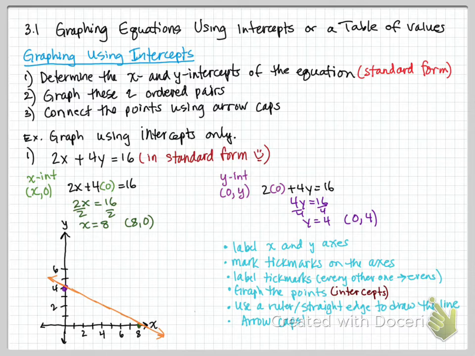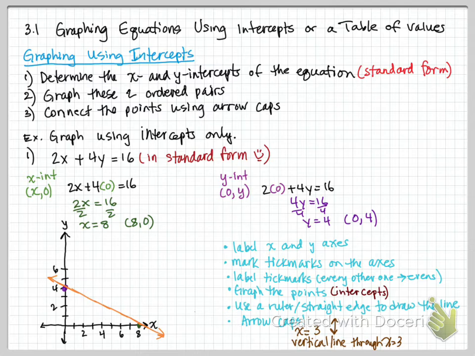If we have x equals a number, so you don't see a y, you only see an x, then what we have is a vertical line, a line through x = 3. So vertical looks like this.